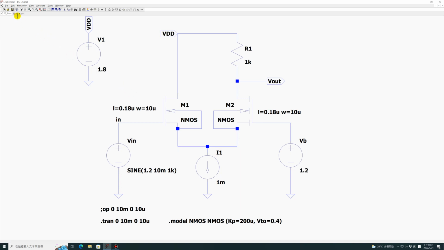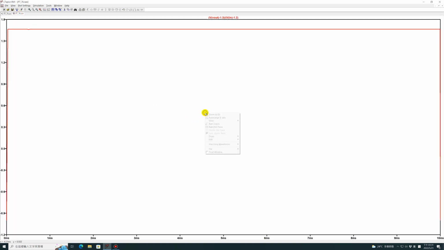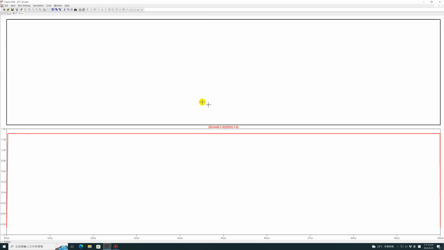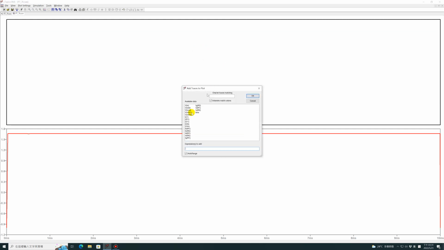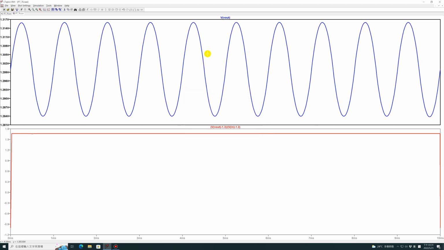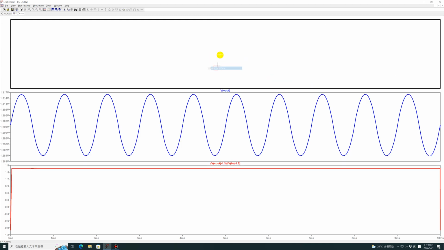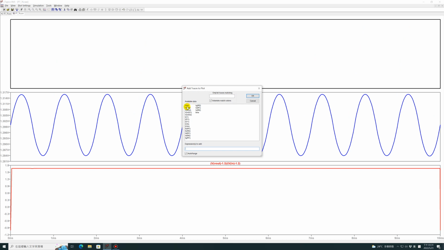And of course, we can look at the output. We add the probe. We look at the output. That's the Vout. We can also look at the input, Vin.